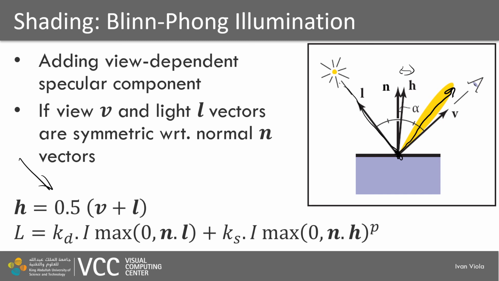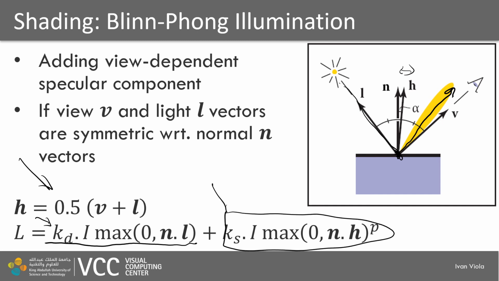And also we can see here the extended illumination model, the Blinn-Phong illumination model, where we have the illumination based on the Lambertian shading with the weighting factor KD coefficient, and here we have the part of the specular highlight, which, similarly to our max function, will deliver either 0 or the dot product between the normal vector and the halfway vector, which effectively defines the cosine alpha as shown in this drawing here.